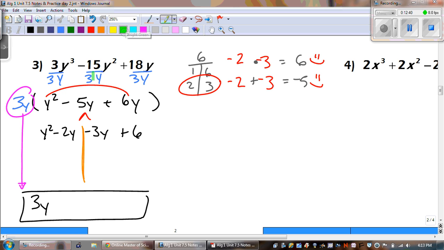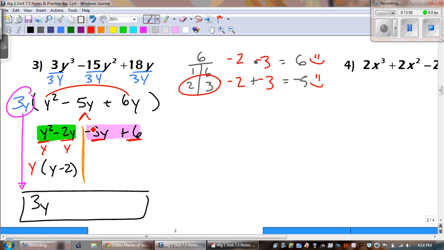So we have the green section and the pink section. I like mixing my colors up every once in a while. So the GCF of the front, the green, is a y. The y comes out front, and we're left with y minus 2. Now, in the back, what's the GCF in the pink?